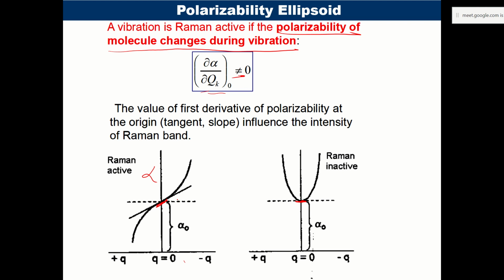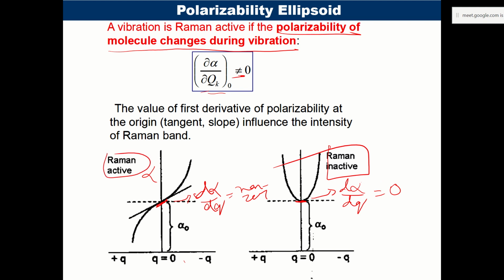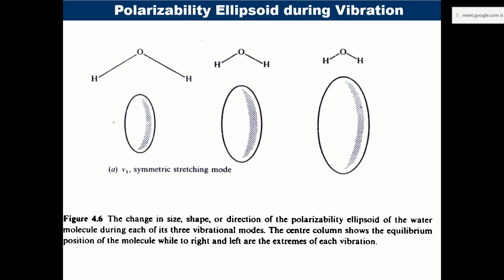So here d alpha by dq is non-zero, but here d alpha by dq is 0. Okay, so that's why we call this one inactive. So if you obtain this kind of profile for polarizability variation, you can clearly say which is which.